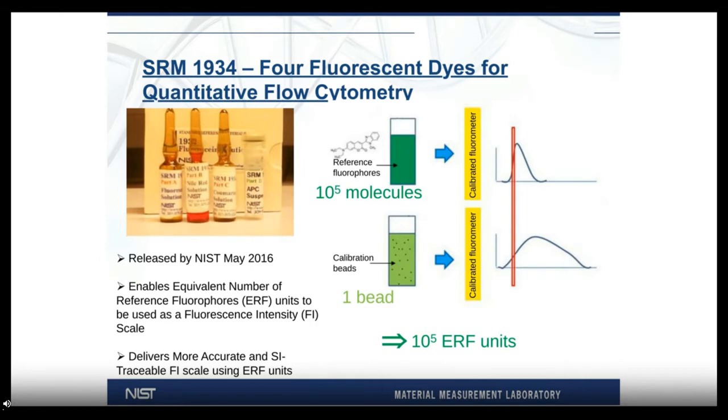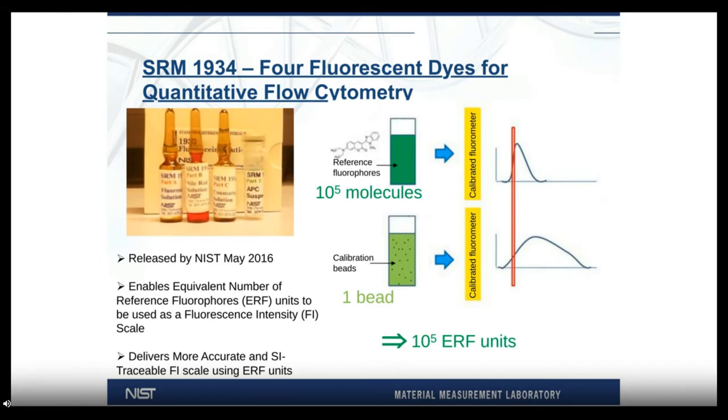So first, we're going to take a little closer look at the fluorescence intensity measurement. We do this on a fluorescence spectrometer, not a flow cytometer. And what we measure is the fluorescence intensity of a reference solution. There are 4 reference solutions shown here, which are part of SRM 1934.